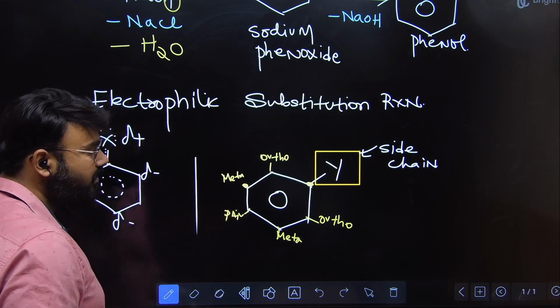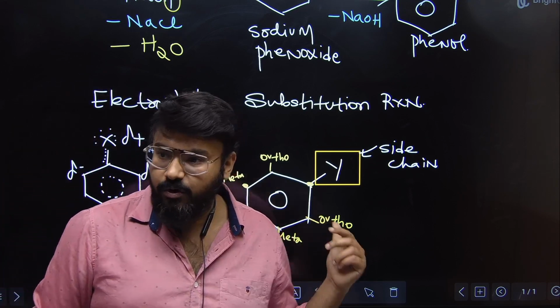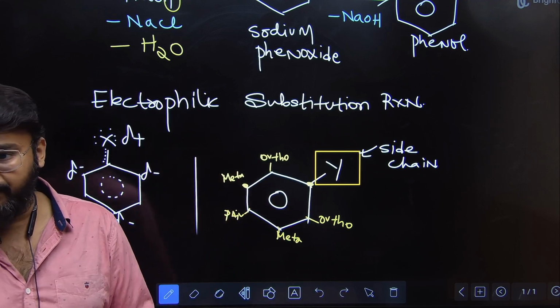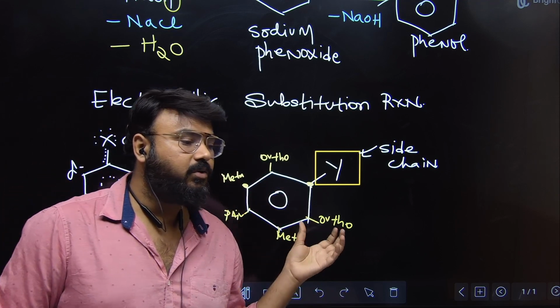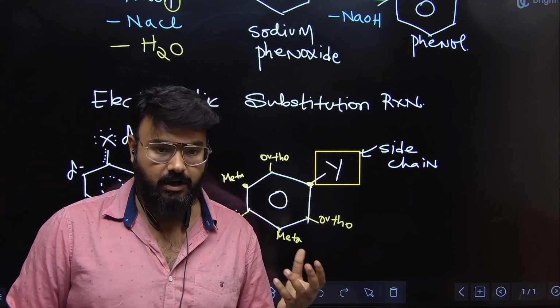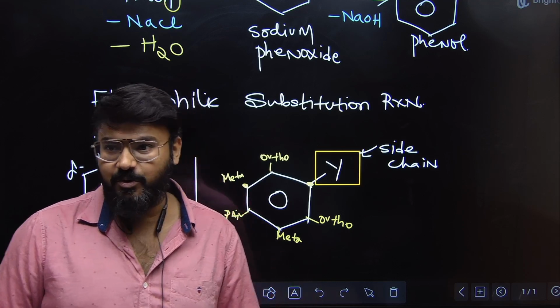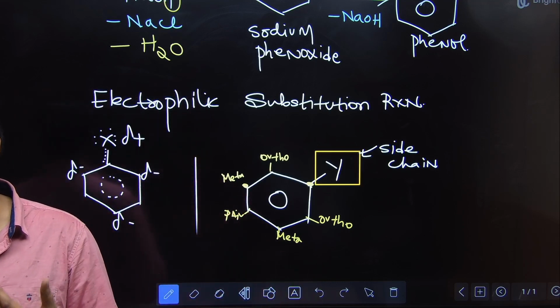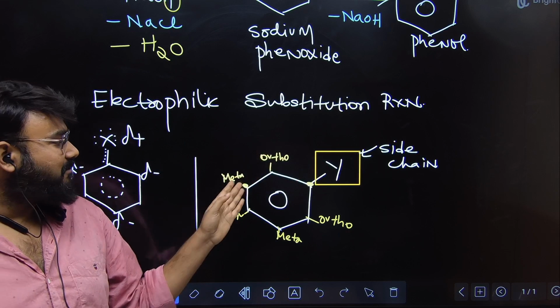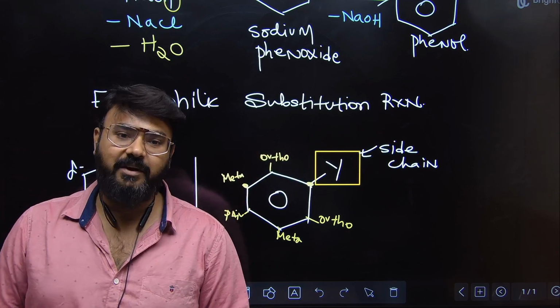It means there will be two ortho, two meta, and one para. Best way to remember it by a trick: Om Prakash, OMP. Remember the name Om Prakash. So OMP. That's it. Okay, is it clear?